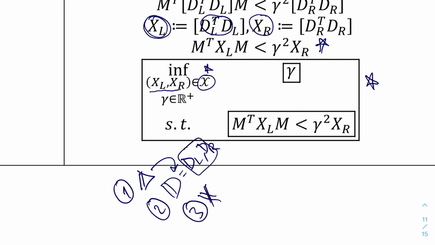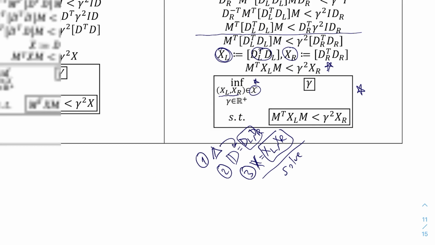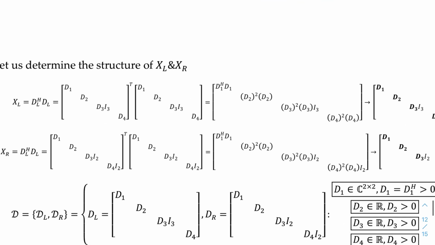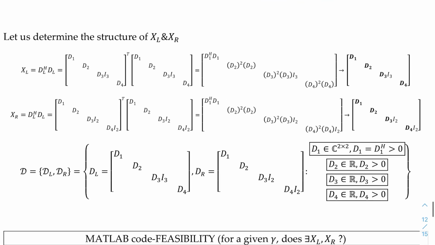Third, obtain your X. And again, for general cases, we are actually saying XL and XR sets, and then solve by using YALMIP, or any other LMI solver that you prefer.